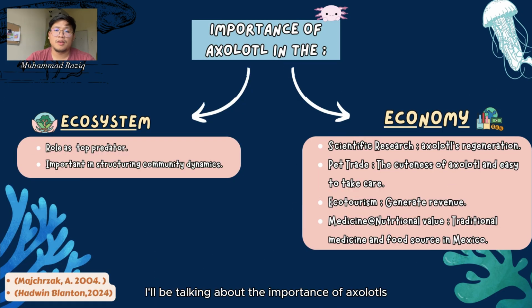For my part, I'll be talking about the importance of axolotls in the economy and the ecosystem. For the ecosystem, axolotls play a crucial role. They are the top predator in their native lake. They feed on various types of animals and organisms such as small fish and insects. By doing so, they help maintain the ecosystem by preventing the prey population from dominating it.